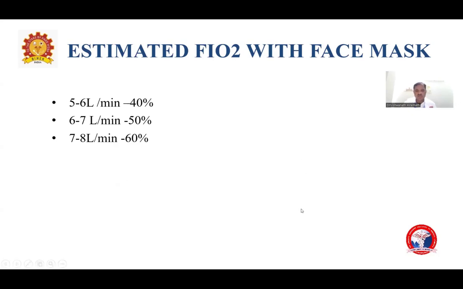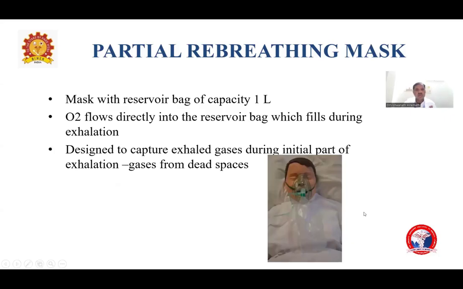Partial rebreathing mask. It is a mask with a reservoir bag of capacity 1 liter. Oxygen flows directly into the reservoir bag, which fills during exhalation. It is designed to capture exhaled gases during the initial part of the exhalation.